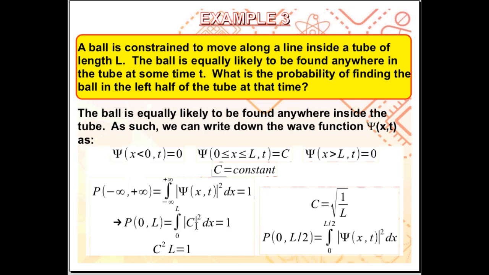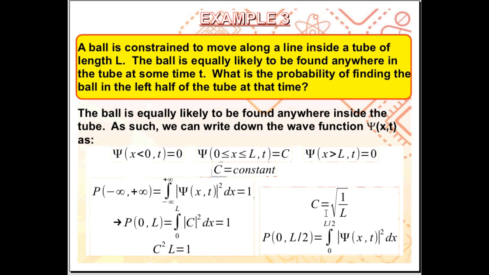Since c is constant, we can take it out of the integration. We are just integrating dx. The integral of dx is x from 0 to L. That will give you c squared L is equal to 1.